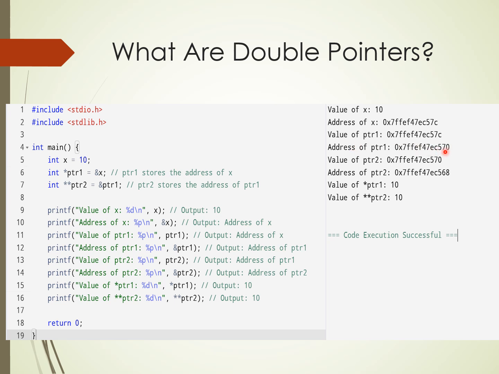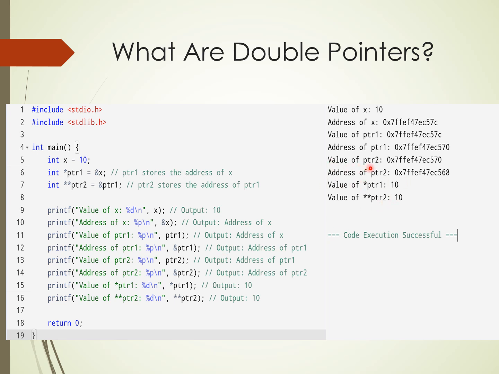Now, the same will be the value of ptr2, that is a double pointer. The value of ptr2 shown here is the same as the address of ptr1. And when we print the address of ptr2, we'll get a different one.